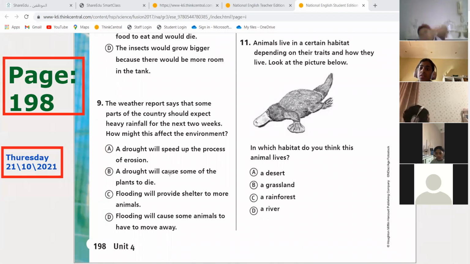What do you think, Munya? Flood, is it a good thing or a bad thing? Bad thing. Very good. If it's a bad thing, does it mean animals will have shelter, or animals will move away to find another? Excellent. Animals would move away. Good, ya Munya. Excellent.